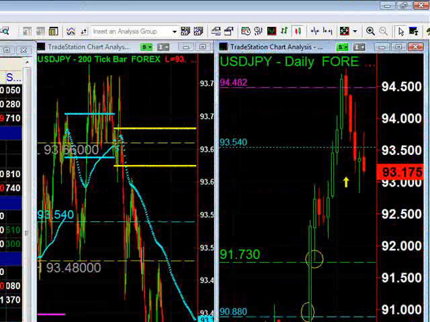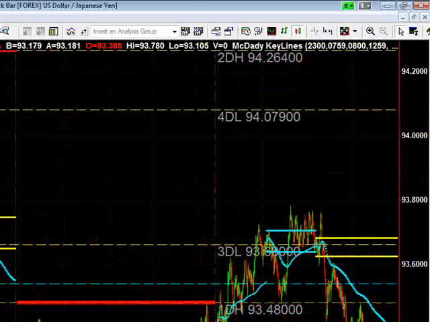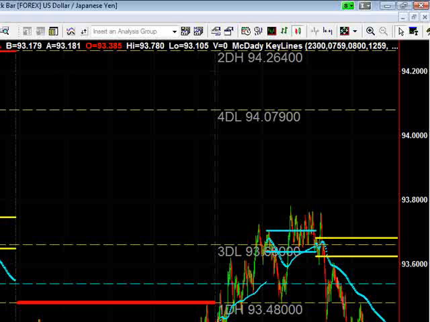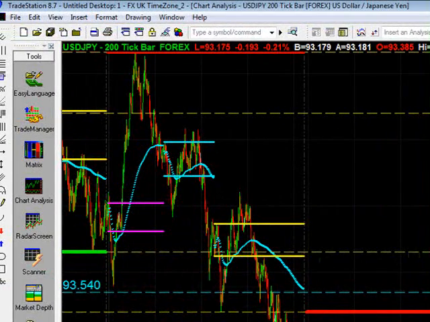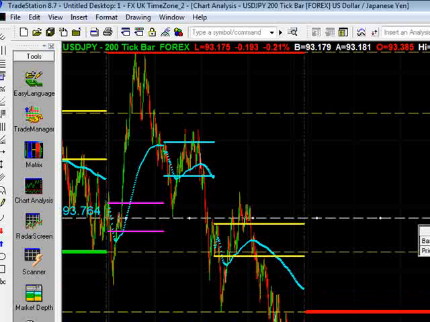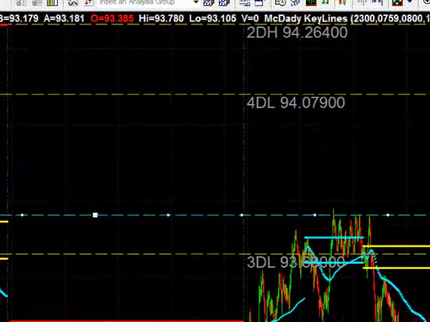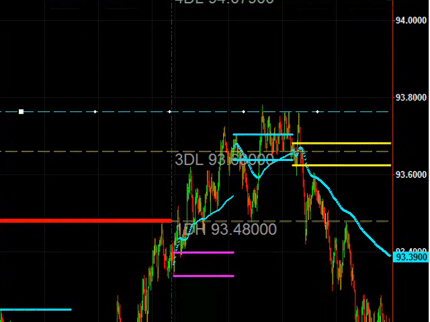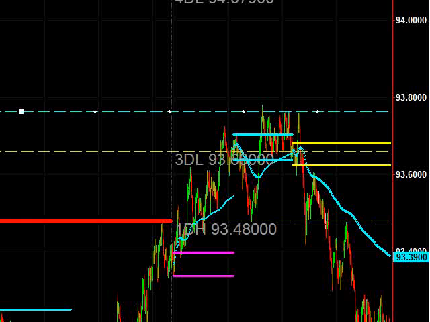We said that the buying point is going to be 93.76, and this is when it looks really nice, when the high of the structure is the same number that we identified from the weekly chart.